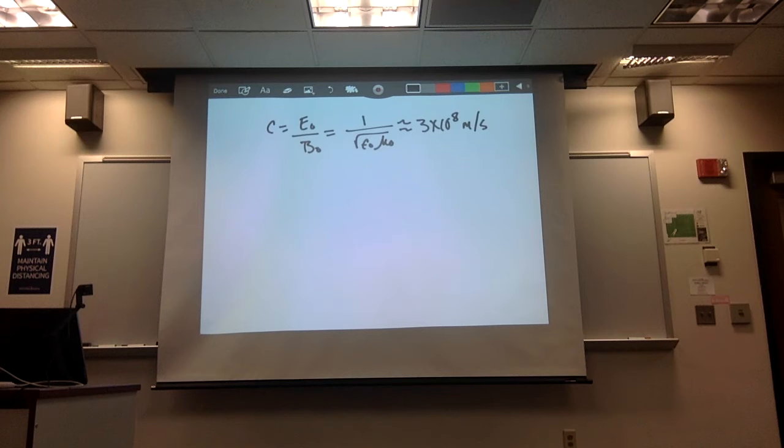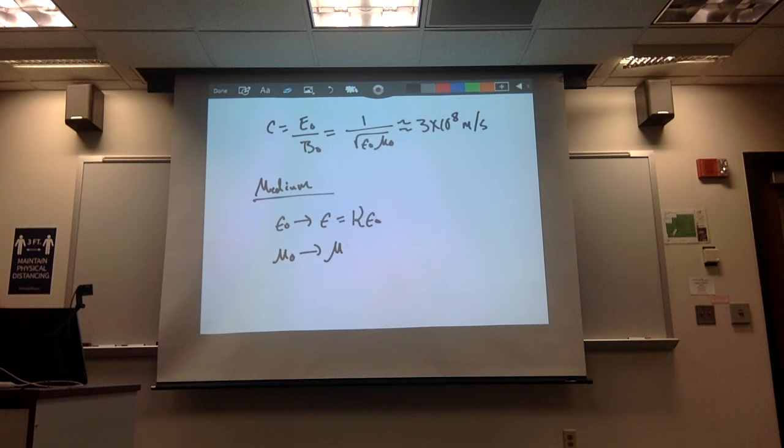Now, what happens when it moves in a medium is that the permittivity of free space becomes the permittivity of the medium, which is equal to the dielectric constant times the permittivity of free space, and the permeability of free space becomes the permeability of the medium, which is basically this guy.